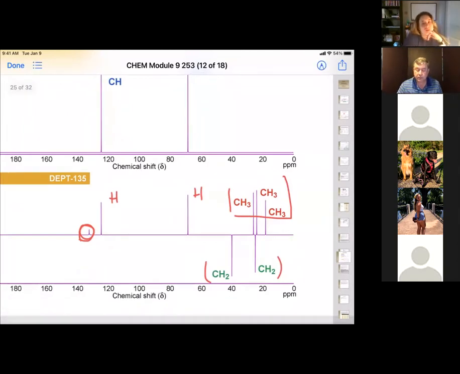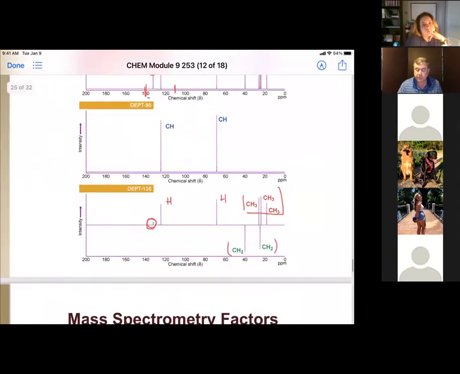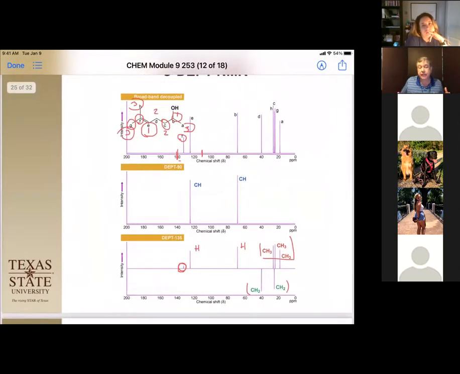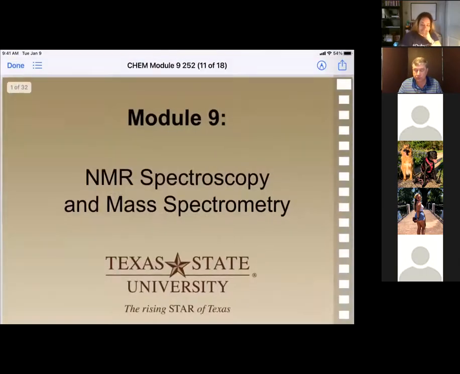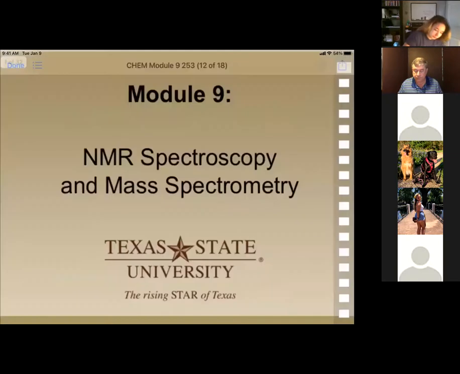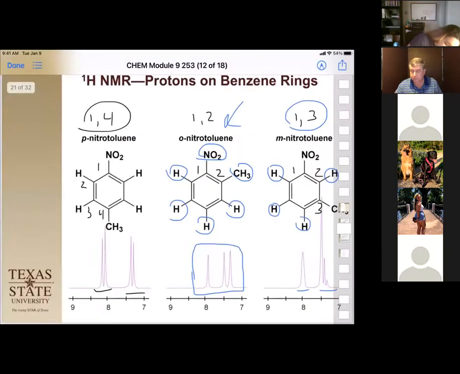All right, questions on that? That's just an interesting experiment that lets you see how many hydrogens are on each carbon. It's called DEPT. It's carbon-13 DEPT.